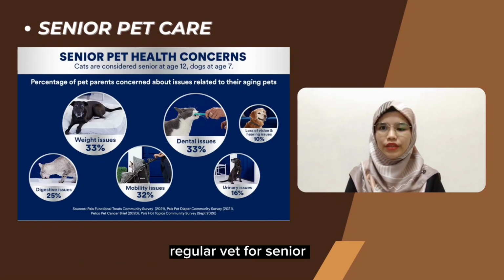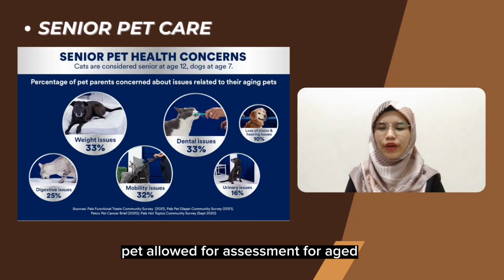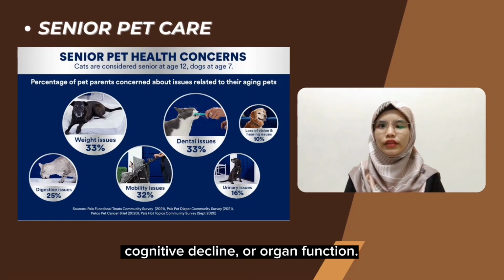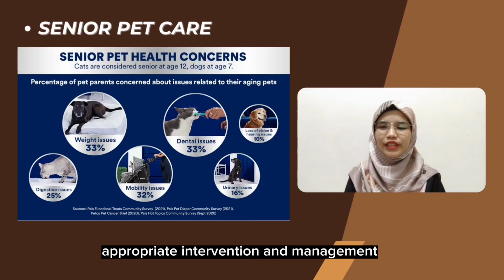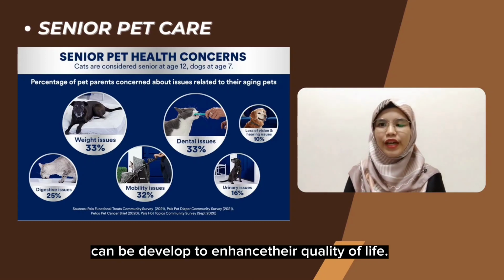Regular vet visits for senior pets allow for assessment of age-related issues like arthritis, cognitive decline, or organ function. Appropriate intervention and management plans can be developed to enhance their quality of life.